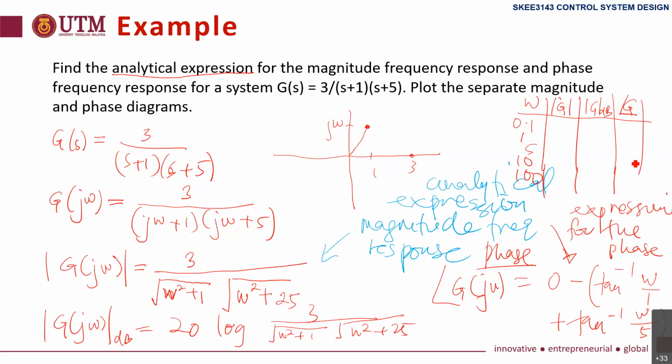So I would like you to find G, the magnitude in dB, and also the phase. Please do it based on the expression that we have derived.